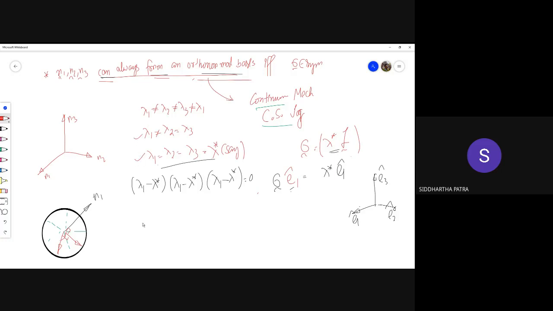For the third situation, actually you get unique n1, n2, and n3, and they are again orthogonal to themselves.